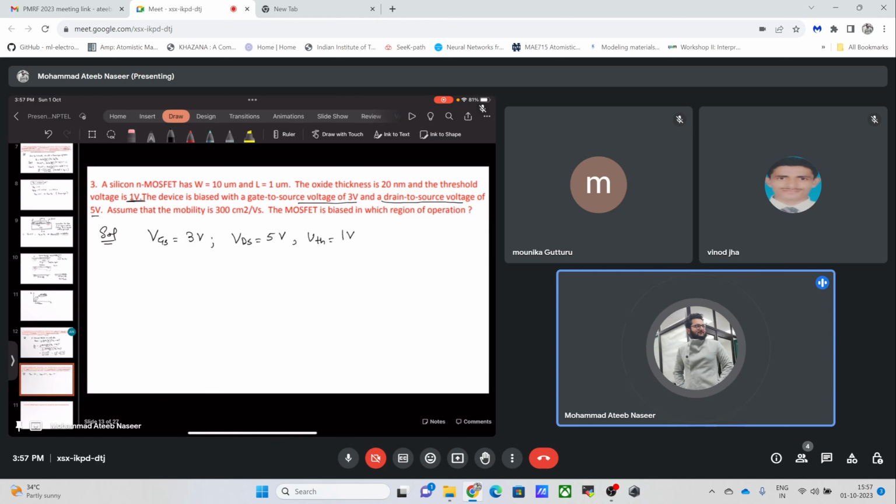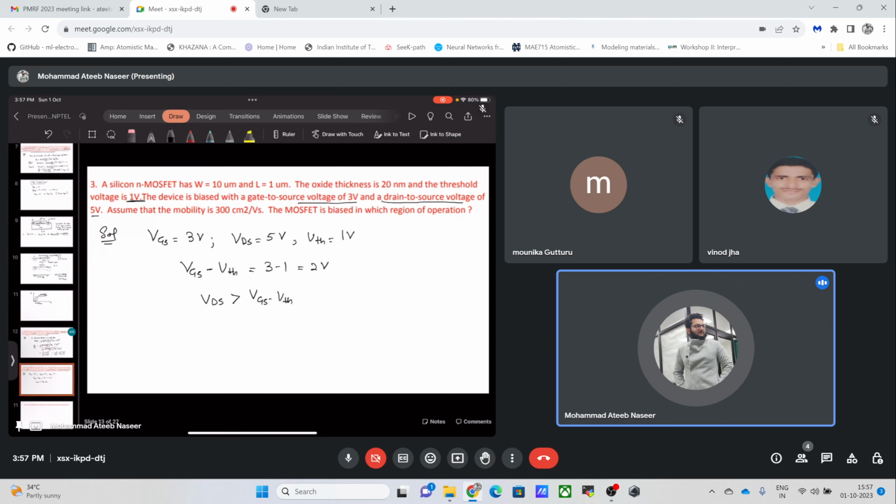So we solve for VGS minus VTH, which is 3 minus 1, equal to 2 volts. This VGS minus VTH is less than the drain to source bias, or simply VDS is greater than VGS minus VTH.